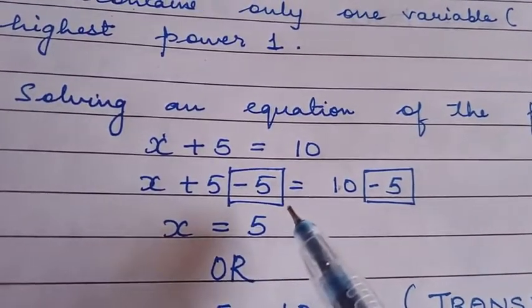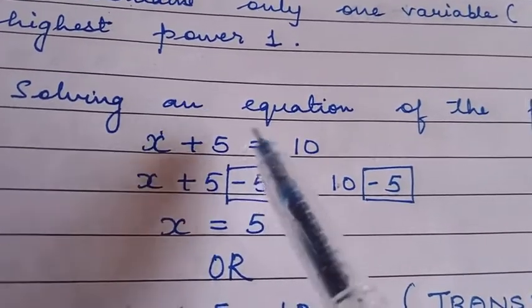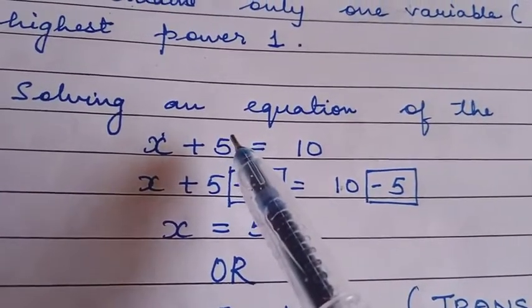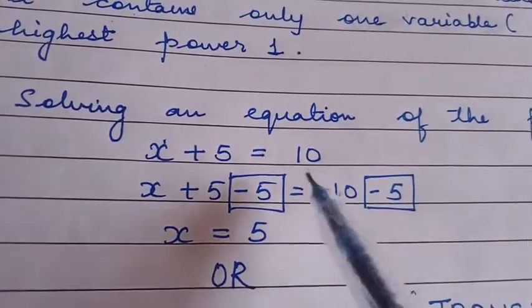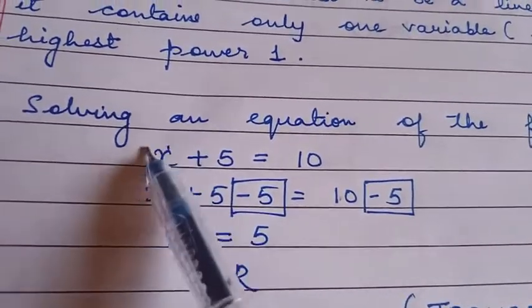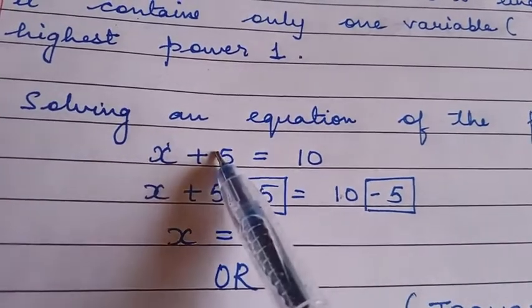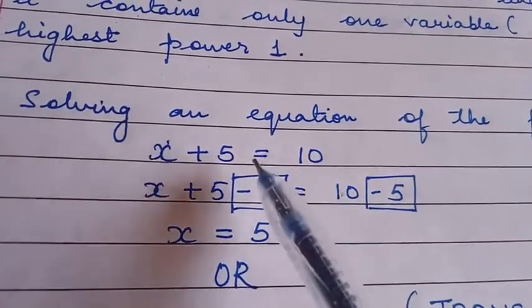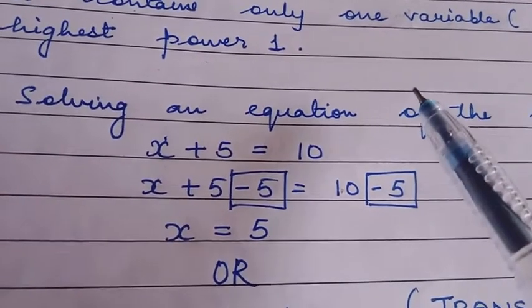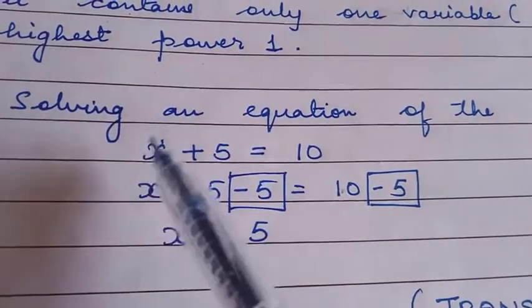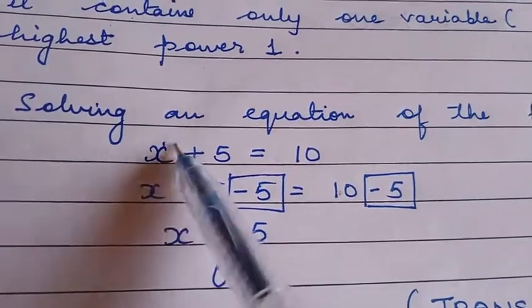LHS means left hand side. So what is the issue here? The issue is I have to keep only x at LHS and rest all the things I should transpose to RHS. So transposition we will see later on, that is the second method. First I have to keep this x alone in LHS.